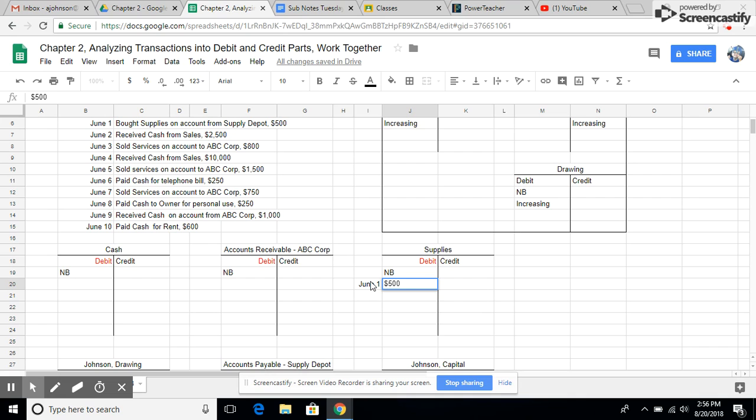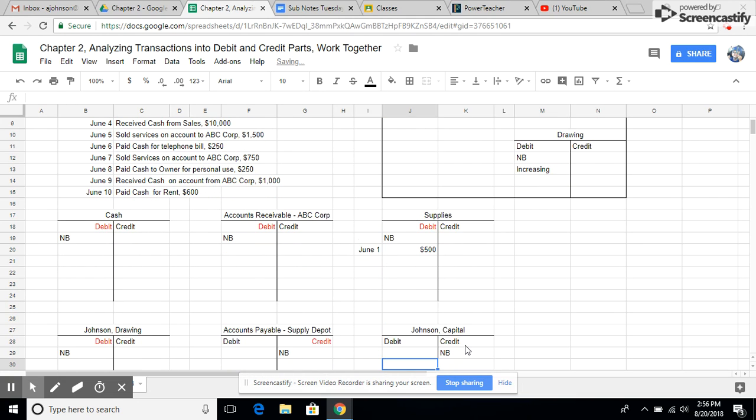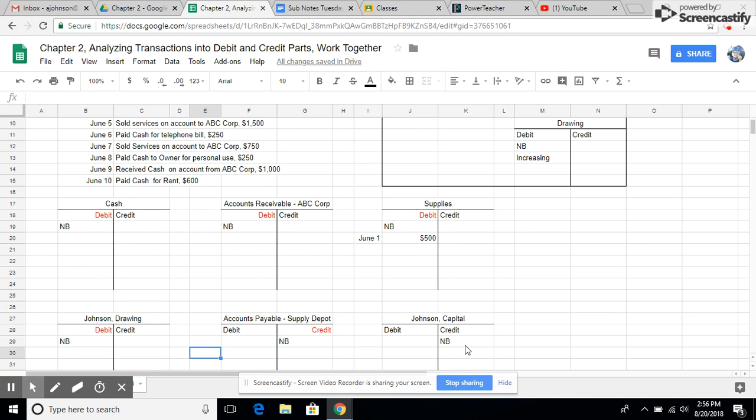Again, we don't have to use pluses and minuses here because it's just either a debit or a credit. But we also need to use our accounts payable Supply Depot account. So June 1st, we're increasing the amount that we owe them. So that's going to go on the credit side of the accounts payable Supply Depot account.